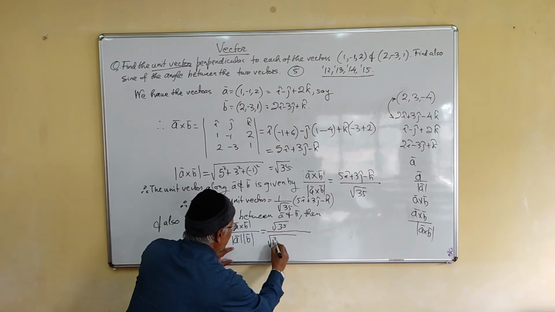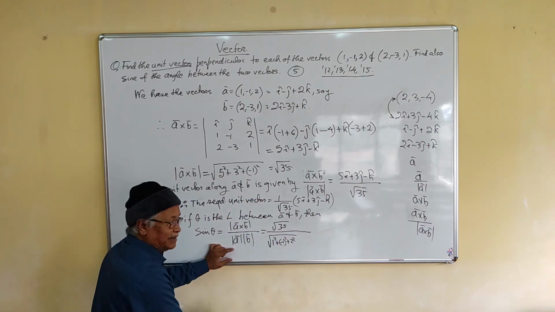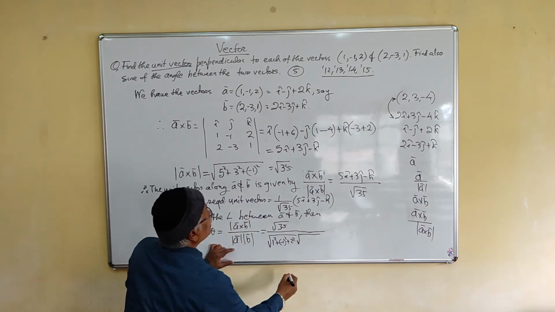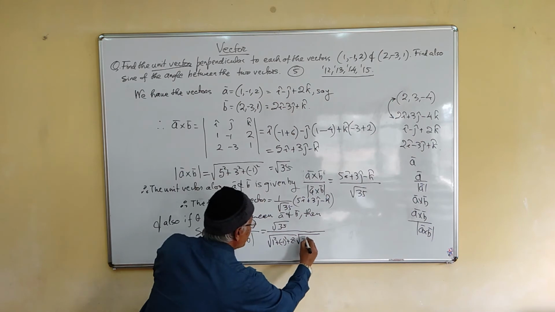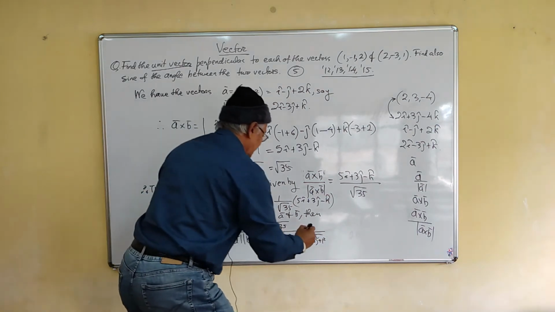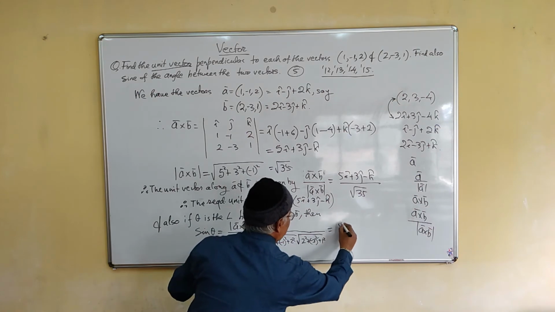So 1 squared plus (-1) squared plus 2 squared. What about B? Mod of B will be 2 squared plus (-3) squared plus 1 squared. Okay, get it done. That will be root 14.